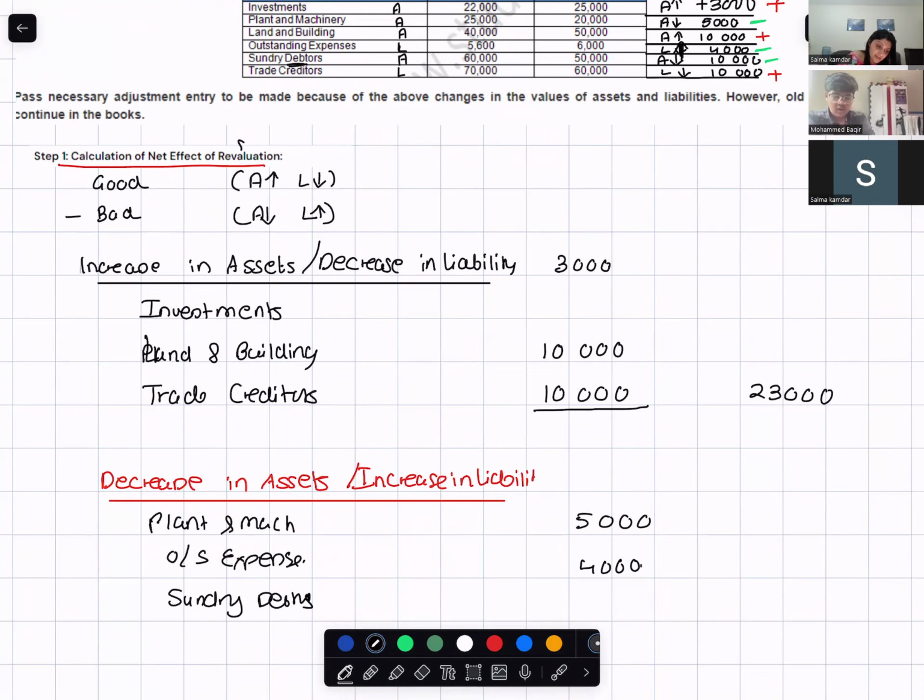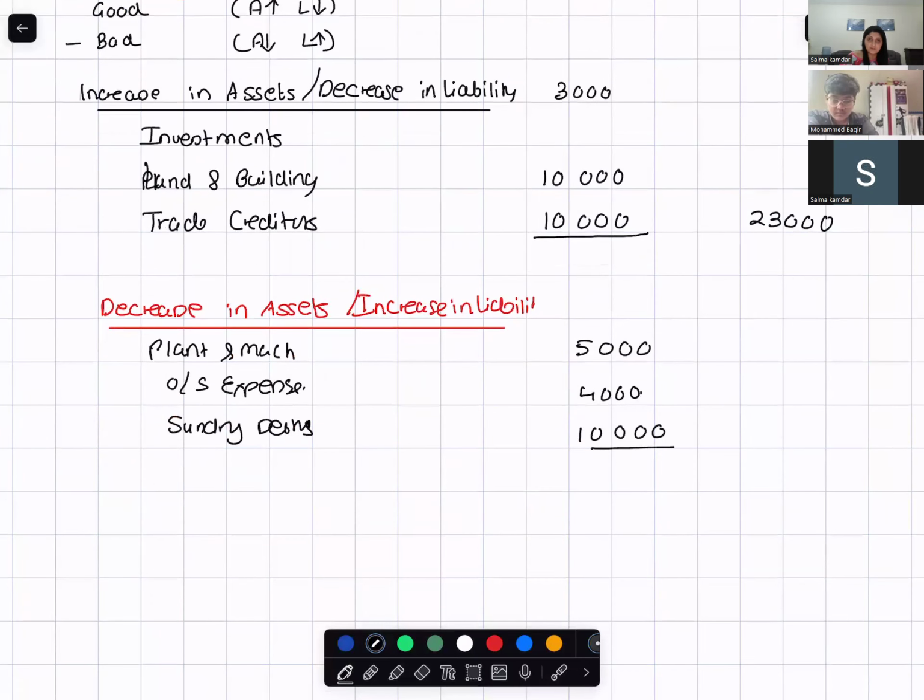And sundry debtors by 10,000. So the total is how much? 19,000.